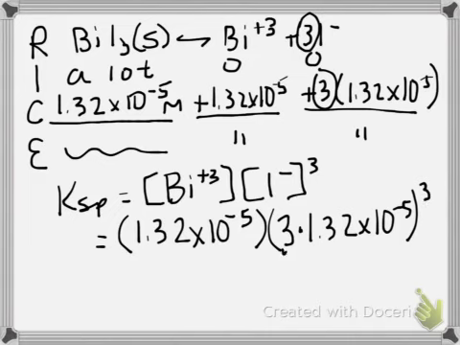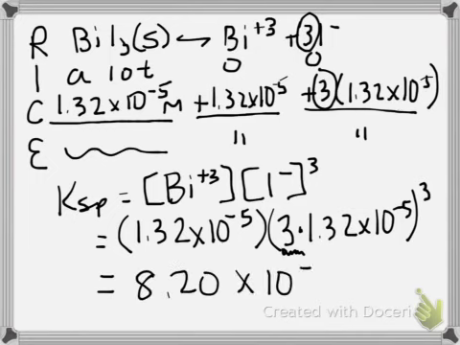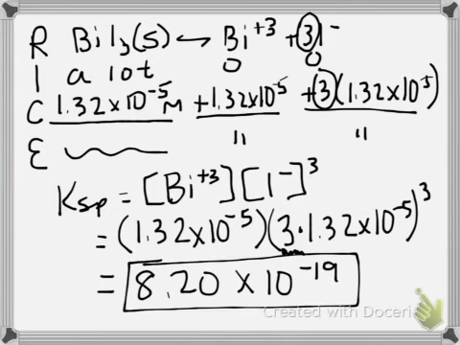So make sure you don't forget to multiply this one by 3 before you cube that value. So type all that into your calculator, and what we get is 8.20 times 10 to the negative 19, and it's a K value, so we do not have any units.